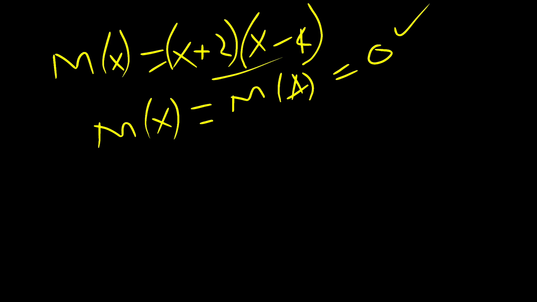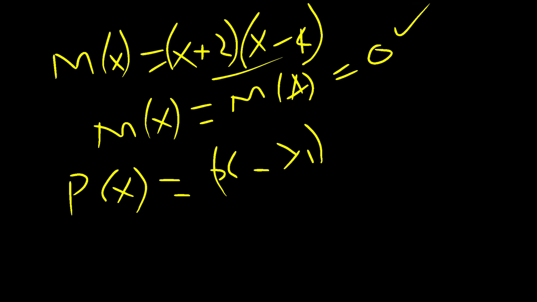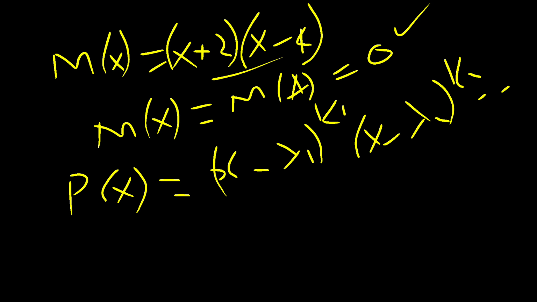What we need to note here is that if we have p of x, the characteristic polynomial, equal to (x minus lambda 1) to power k1, (x minus lambda 2) to power k2, and so on, then the k1s and k2s are what we call the algebraic multiplicities.